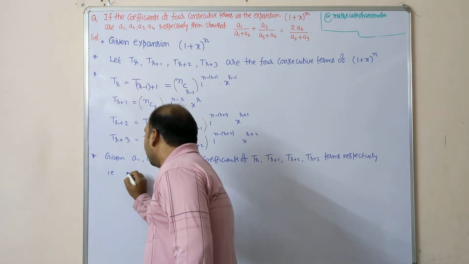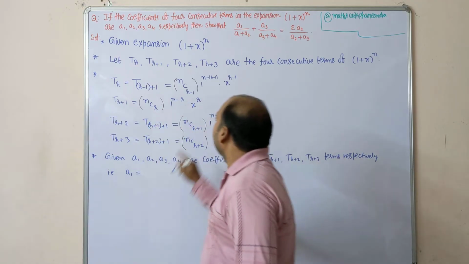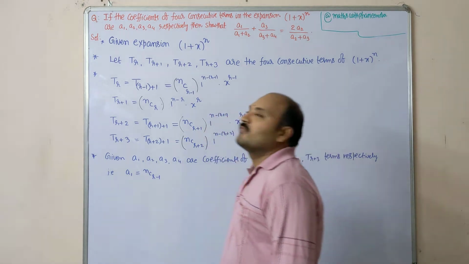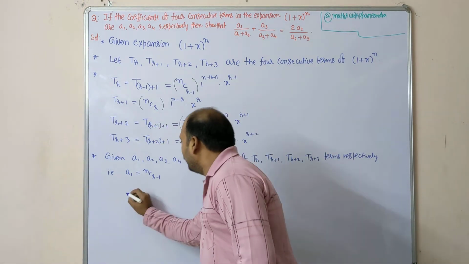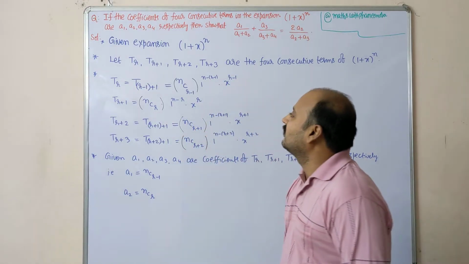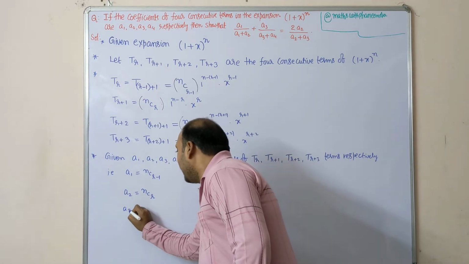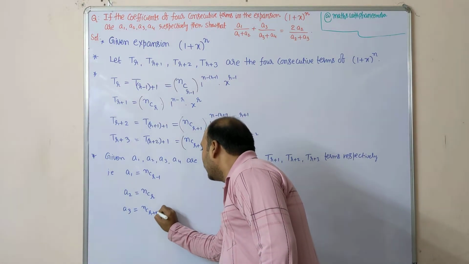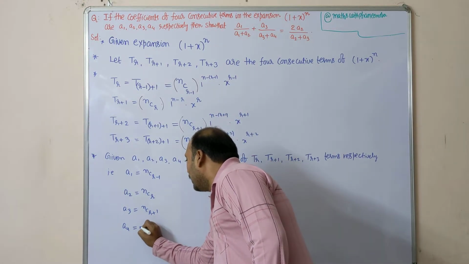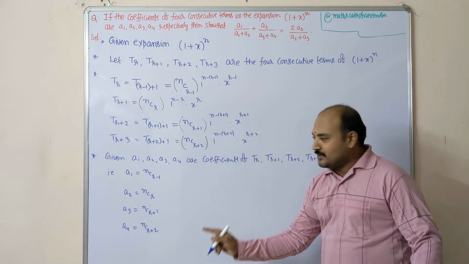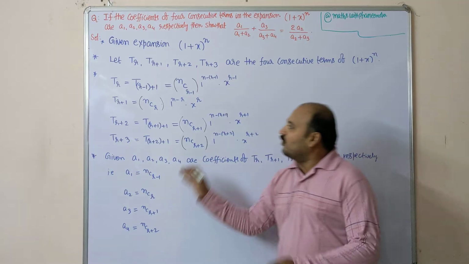One by one we will write it, dear students. A1 is equal to nC(r-1). Next, A2 equal to nC(r). Next, A3 equal to nC(r+1). Next, A4 equal to nC(r+2). I hope everyone understands. A1, A2, A3, A4 values we got.